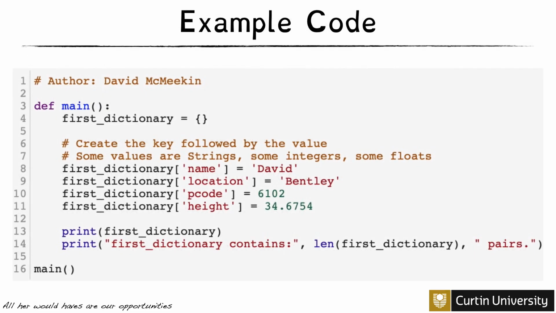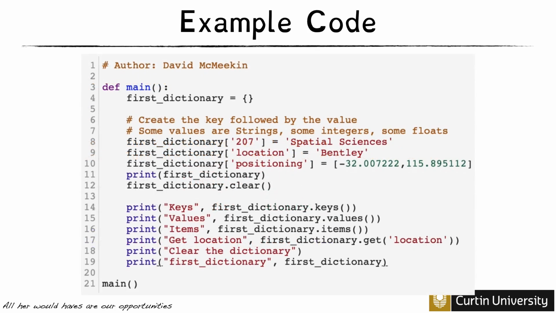And here's some more sample code of us creating a dictionary in Python. Now, I've got them in here so you can see it's not difficult. And it's not difficult either when we start looking at pulling in GeoJSON files.